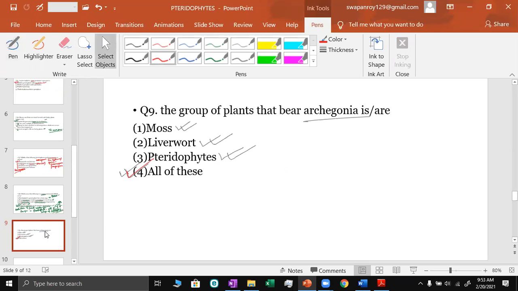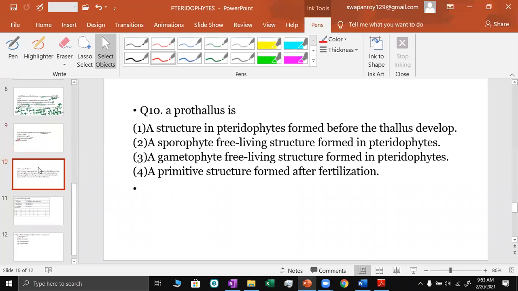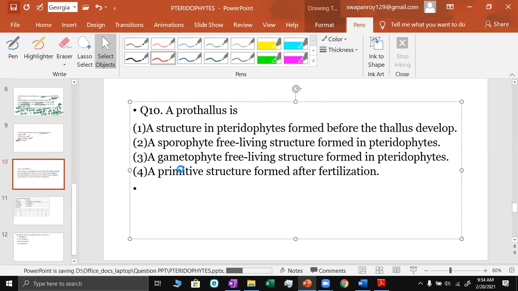Question number 10. A prothallus is, what is a prothallus?